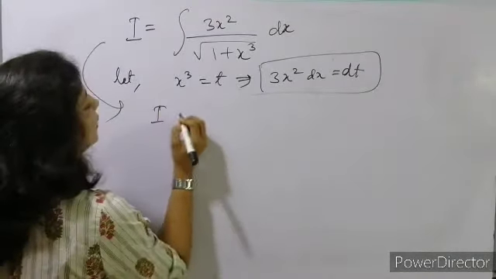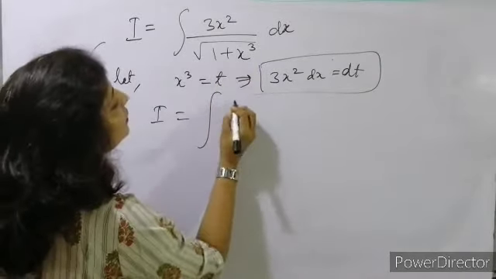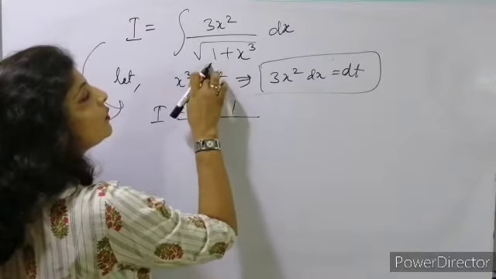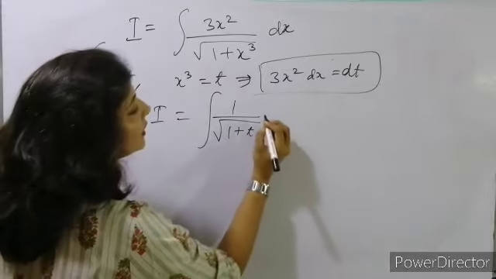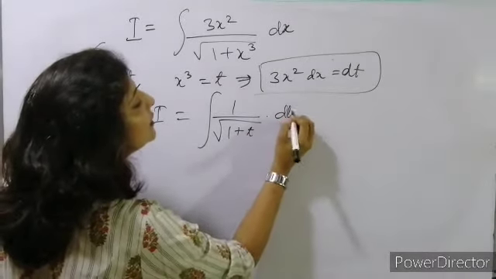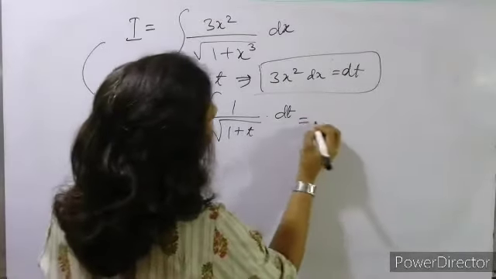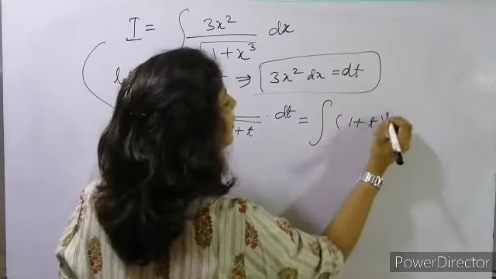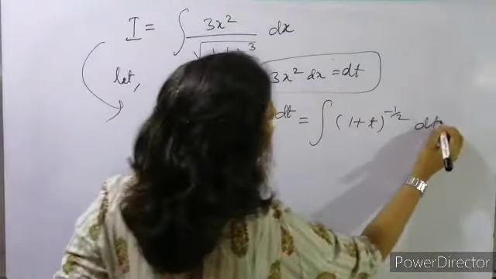So I will be equal to 1 upon, this x cube is equal to t, so 1 upon square root of 1 plus t. And dt, because dt is equal to this one. So what value will we get? 1 plus t to the power minus 1 upon 2, this will be the value, and dt.